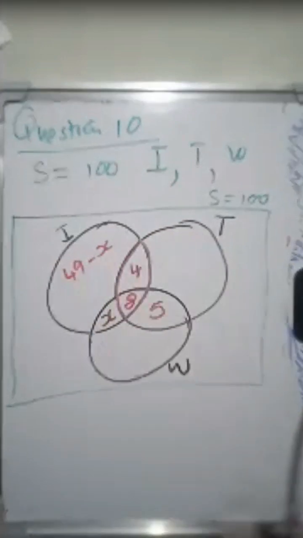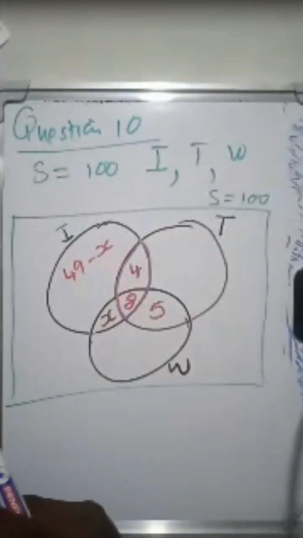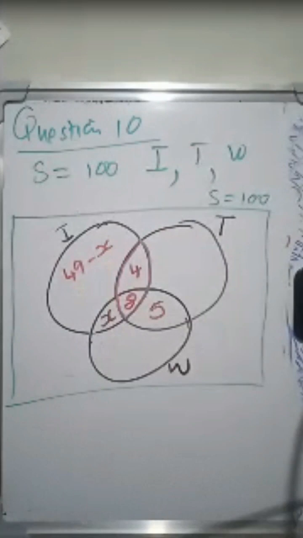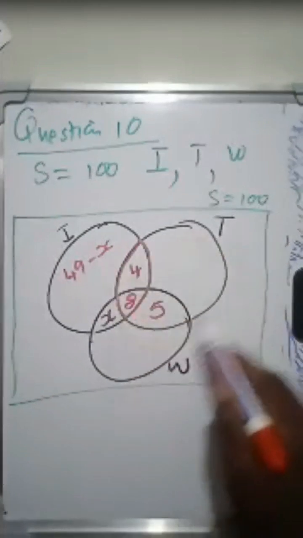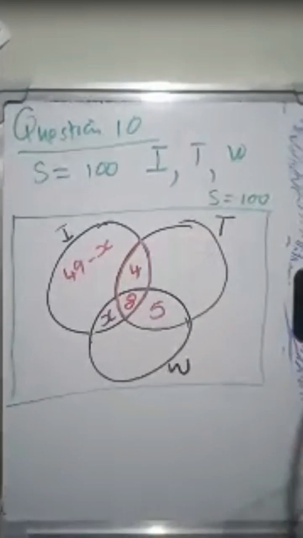Okay, right? Then the next one says 19 use Twitter. So it means the whole circle for Twitter should have what? 19. Right?